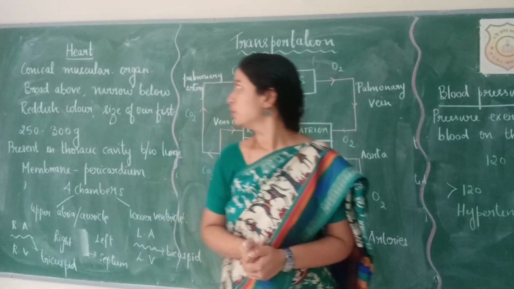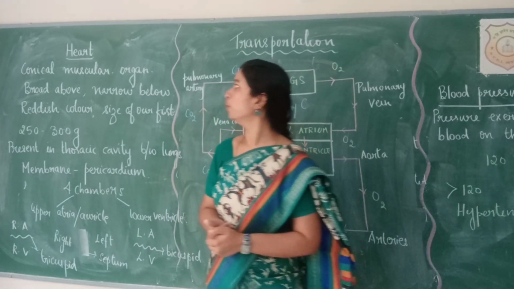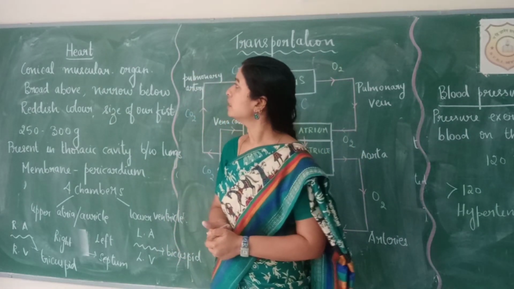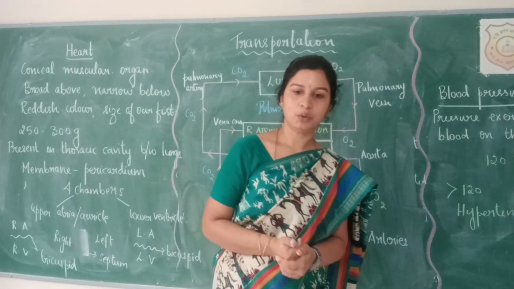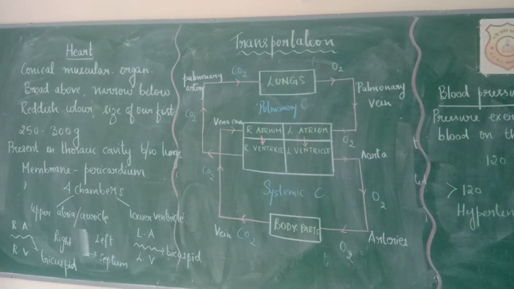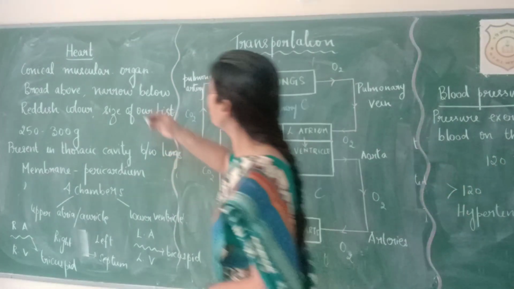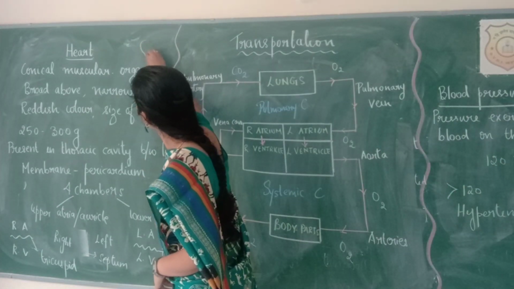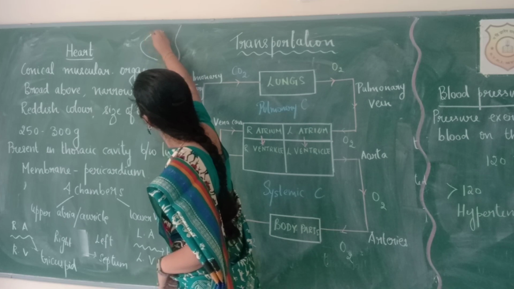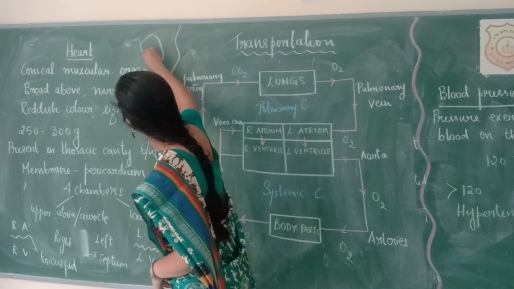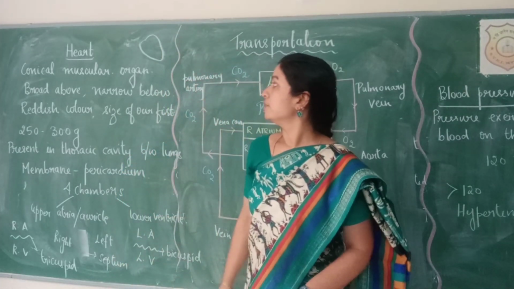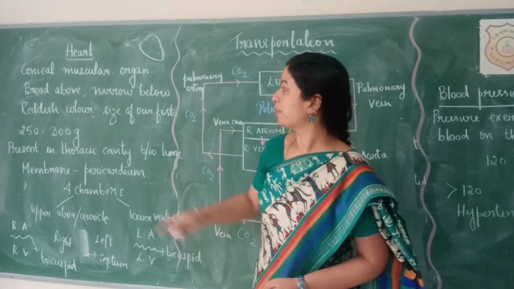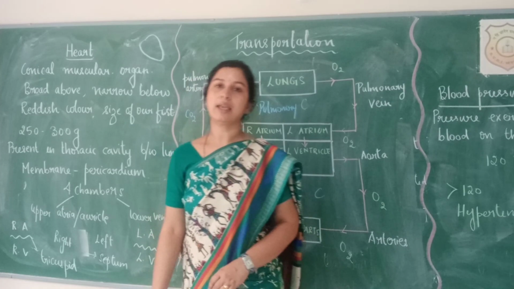So if you see the structure of the human heart, it is a conical muscular organ. Okay, so conical means like a cone. It is a conical muscular organ, the shape of a cone. Alright, and where is it located? It is present in the thoracic cavity.